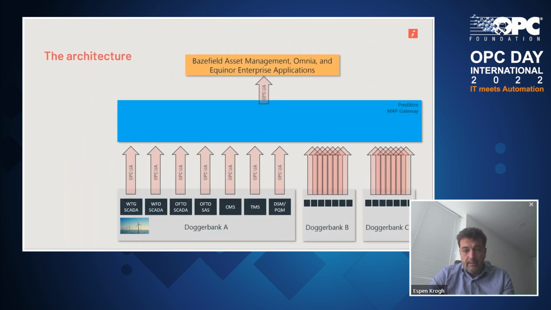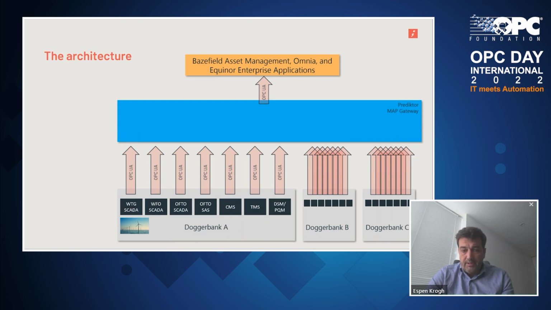Dogger Bank has a set of different SCADA systems and other types of plant systems that will provide information to, yet again, our Prediktor map gateway, a system that can consume a range of protocols, including OPC UA, and reorganize the data and put it into a standardized information model.